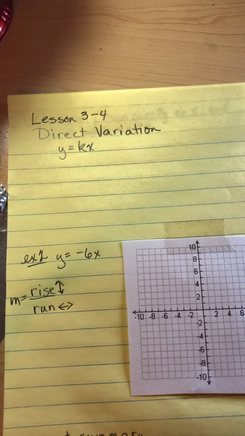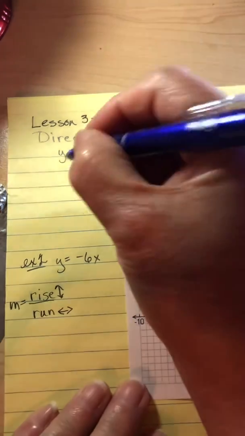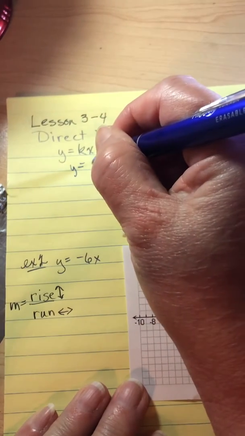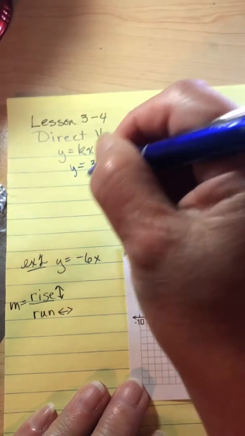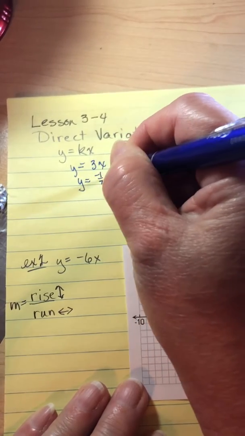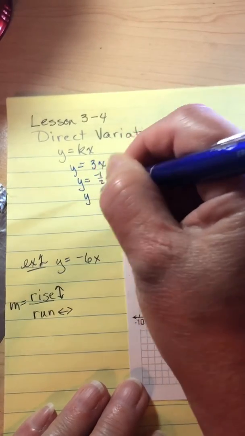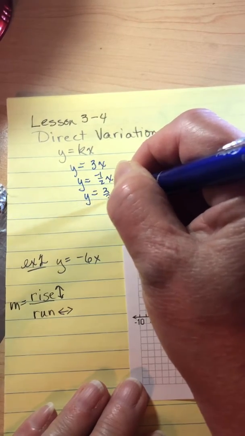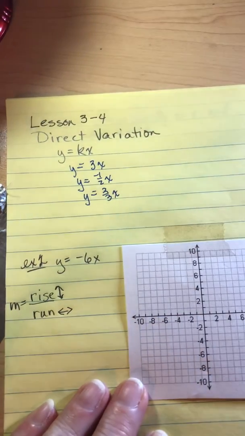Y equals kx. What does it look like if that's just a formula? What it looks like is y equals 3x, or y equals negative 1/2 x, or y equals 2/3 x. They look something like that.